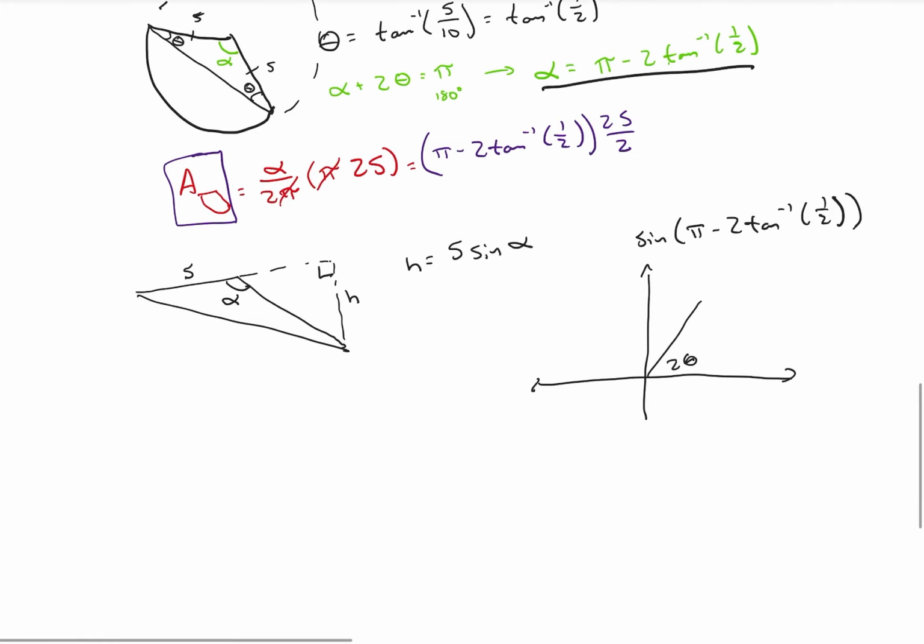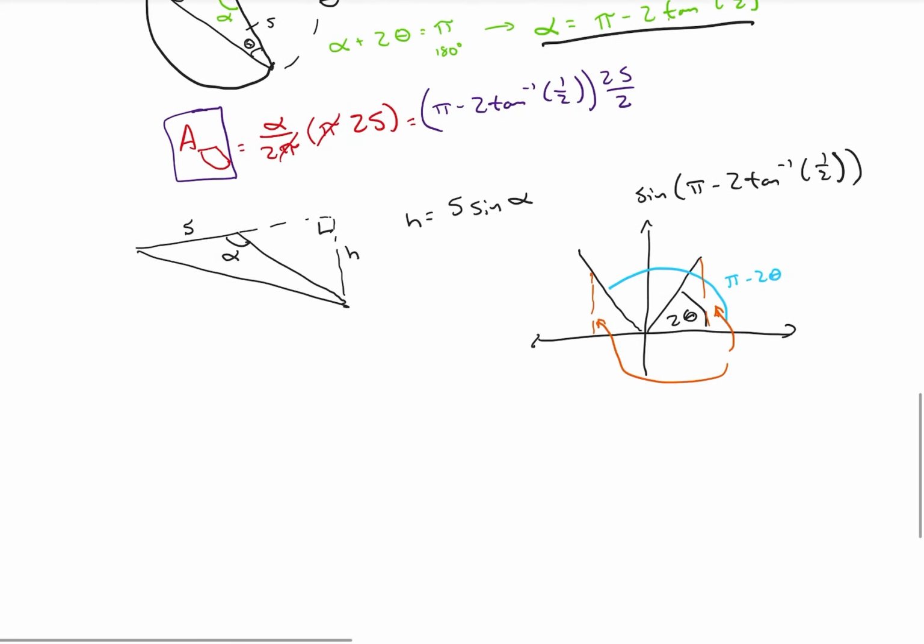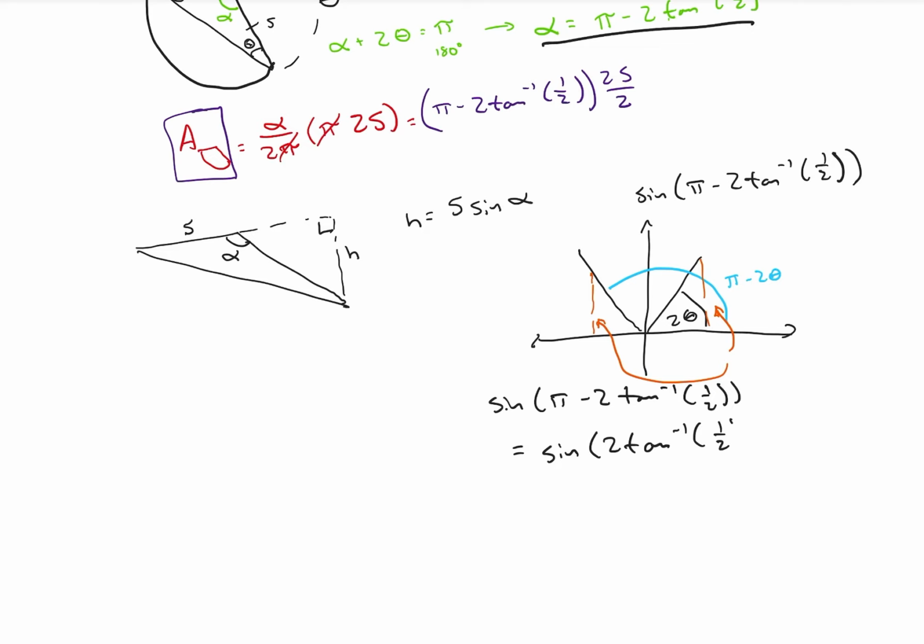So if I'm looking at this angle, which is pi minus 2 theta, I'll notice that both of these guys are going to have the same y component. So these guys are both going to be the same sine. So I know that sine of pi minus 2 arctangent of 1/2 is going to be equal to sine of 2 arctangent of 1/2.